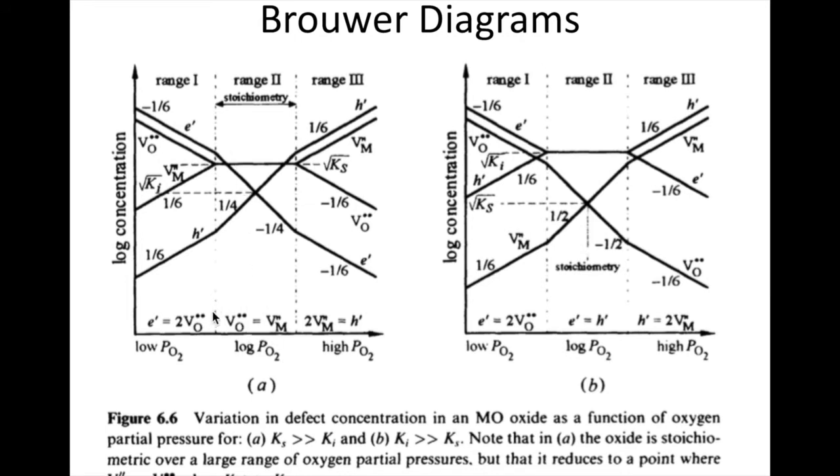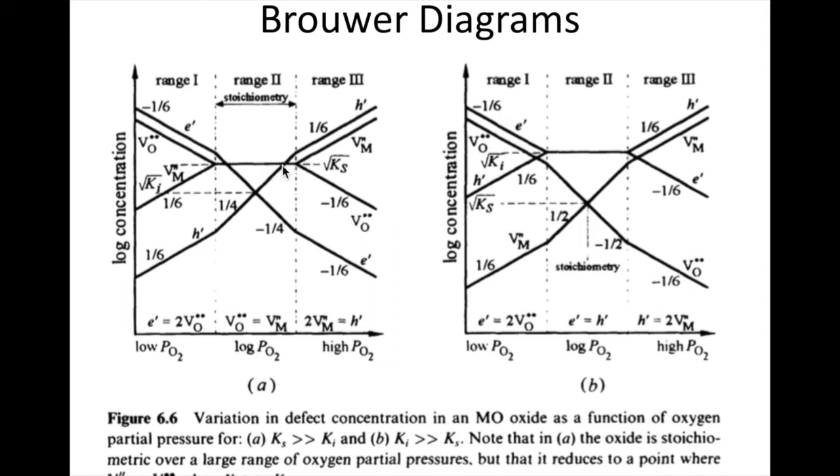So we have the Brouwer approximation down here. And if we look at this region, we see that the dominant species is going to be this line here. And if we look over to the side, we see that this is the metal vacancies. That's the line here. But also, you can see that it's looking at the oxygen vacancies as well.